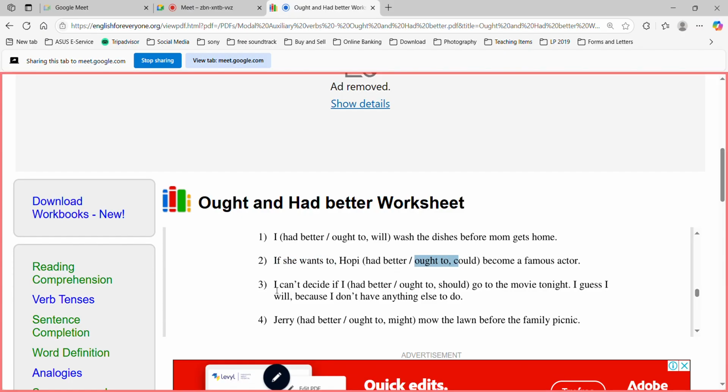Number three: I can't decide if I go to the movie tonight. I guess I will because I don't have anything else to do. What is the answer for number three? Which one is the answer? Anyone?